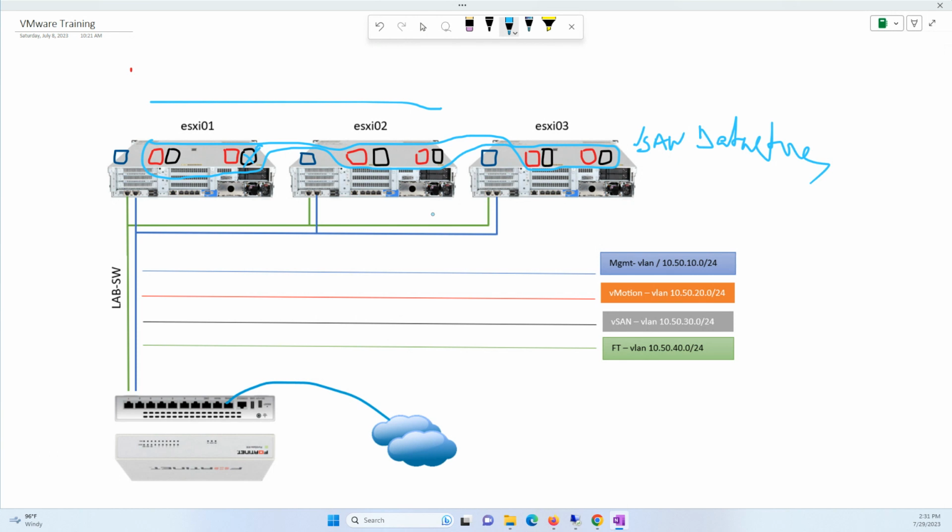And there's something you have to take into consideration. You have to make sure that you have adequate free space, because when you enable vSAN encryption, you have to reformat the disk groups. So make sure you have free disk space available so you can reformat the disk groups.